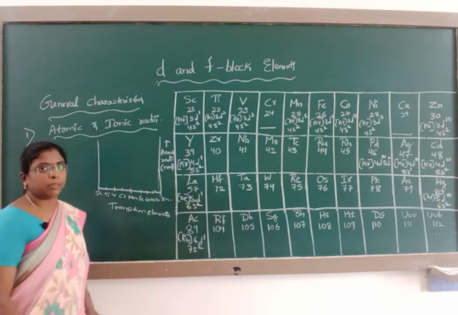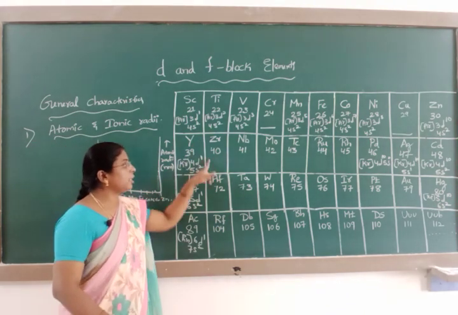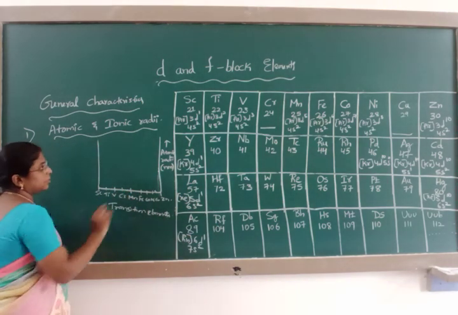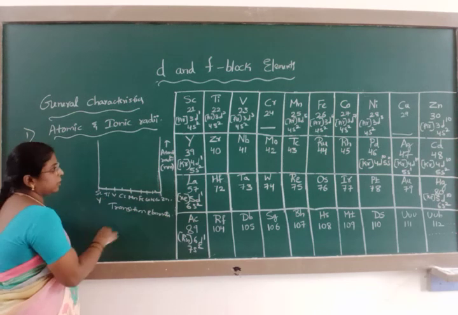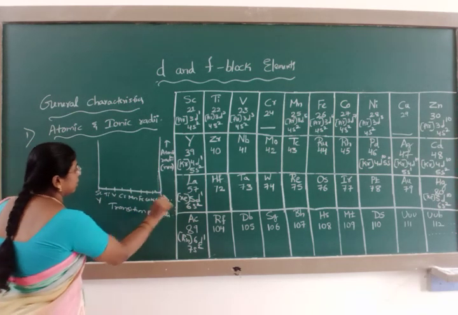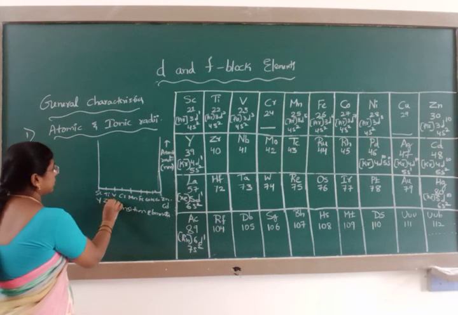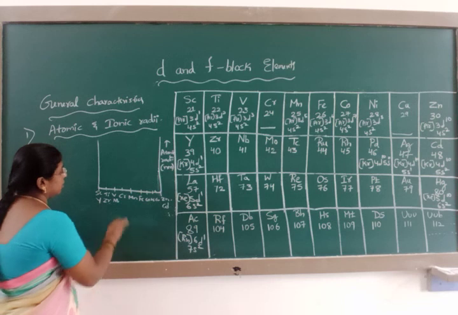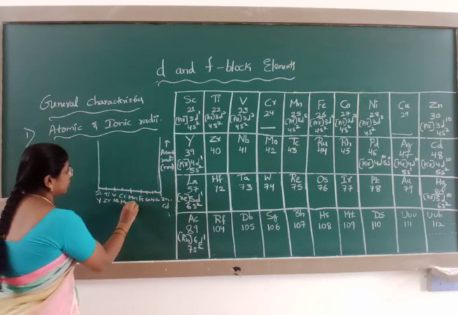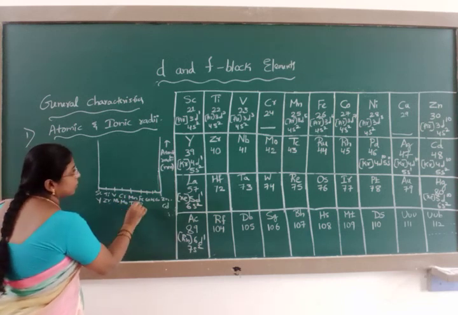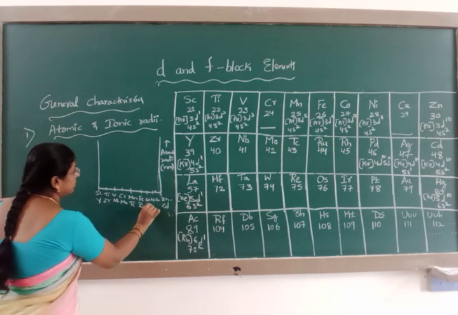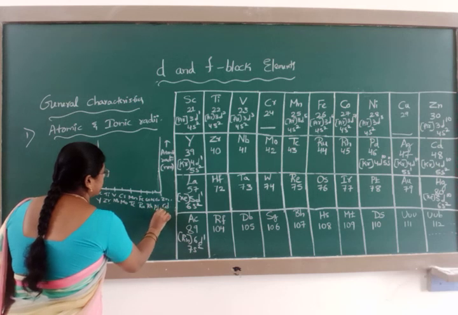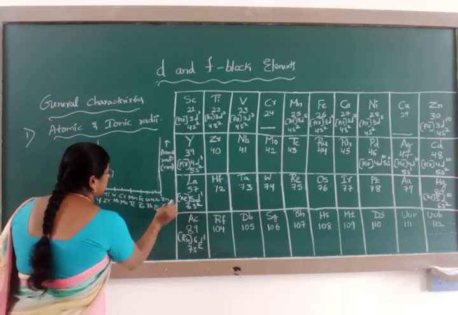In total 10 elements are there. Each series has 10 elements. After this first series, next comes the second series, from yttrium to cadmium: yttrium, zirconium, niobium, molybdenum, technetium, ruthenium, rhodium, palladium, silver and last cadmium.